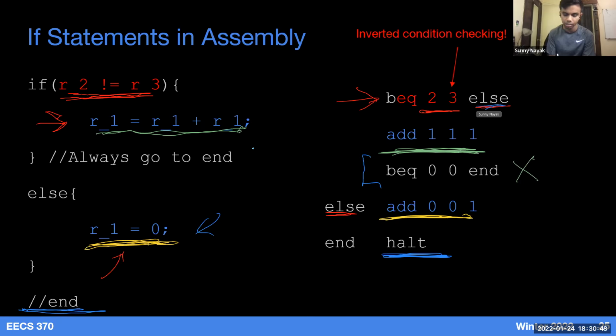In this case, the label is else. The code associated with else is the code that should execute if they are equal to each other. So in this case, we want to execute R1 equals 0 if R2 is equal to R3. That's why we have that on this line. The code that executes when they're not equal to each other is in this case the green code. And so this is the overall structure of any if else statement.